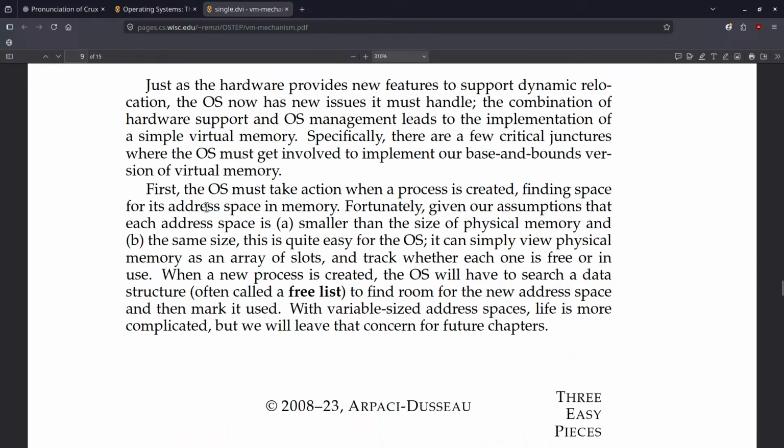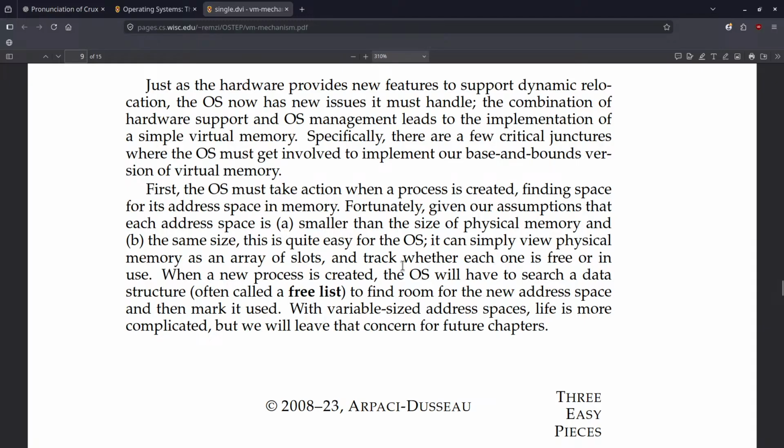The OS must take action when a process is created, finding space for its address space in memory. Fortunately, given our assumptions, it's quite easy for the operating system. It can simply view physical memory as an array of slots and track whether each one is free or in use.